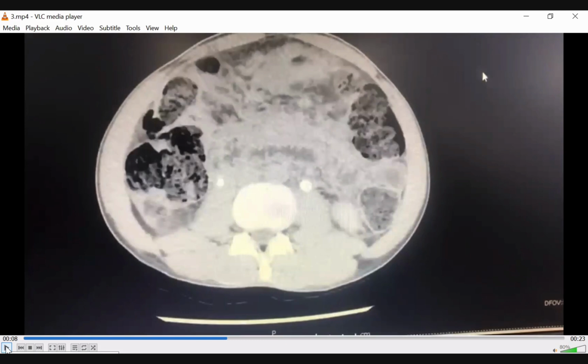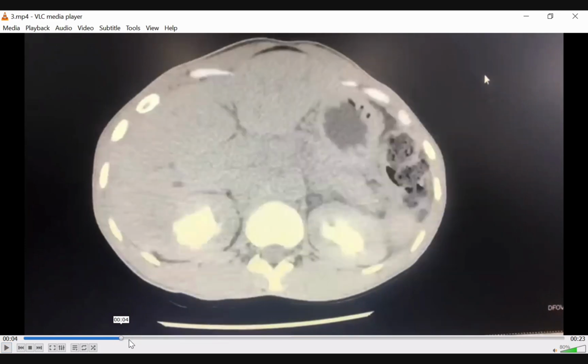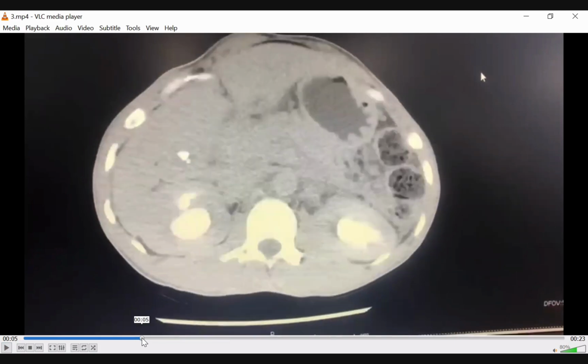Describe what you see. Go up. Hey, you stop at each image. Next, down. Why am I showing you this? Hydronephrosis is there, sir, at multiple levels. This particular thing, why am I showing it? Just one minute. Let me go to the next one. Hang on, just a minute.